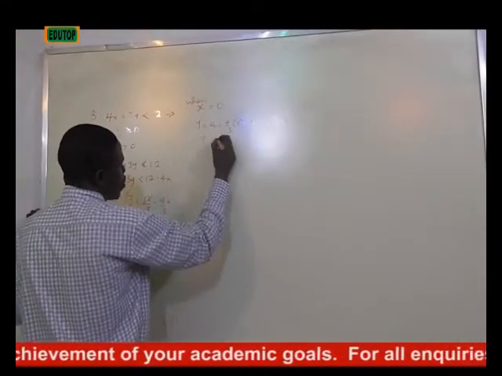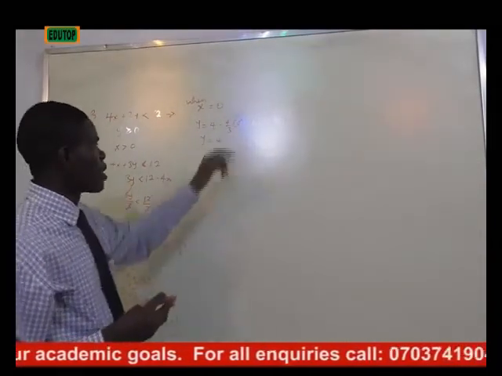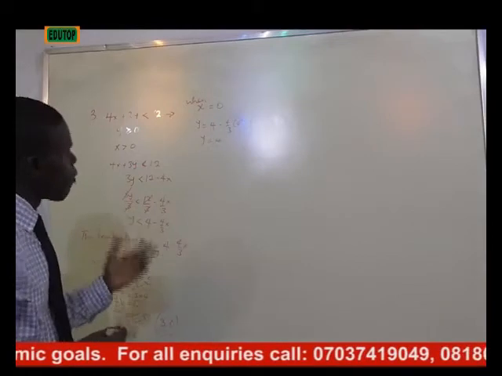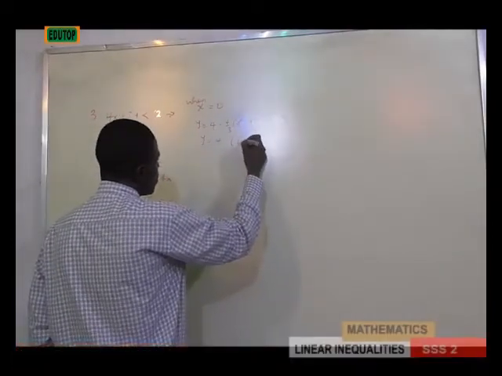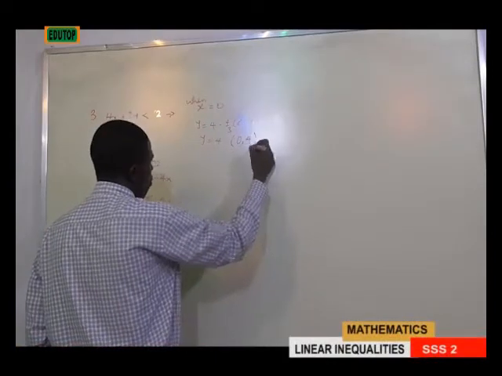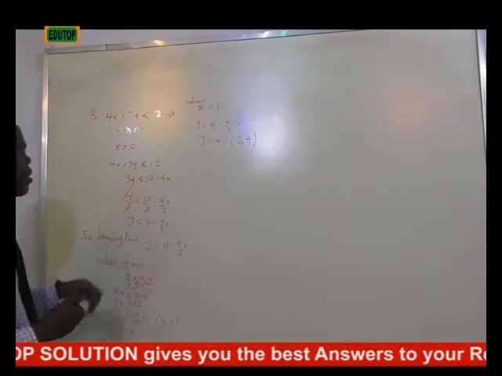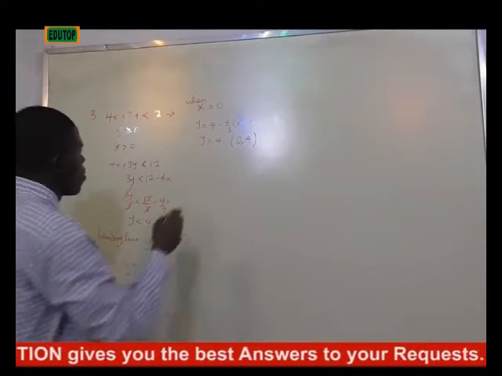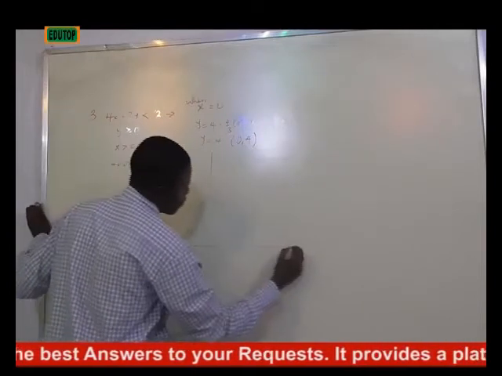Then we have y equal to 4, because this 0 affects this and turns it to 0. 4 minus 0 gives 4. So automatically the second coordinate will be (0, 4). And since we have our coordinates, we can now go ahead to sketch the graph.